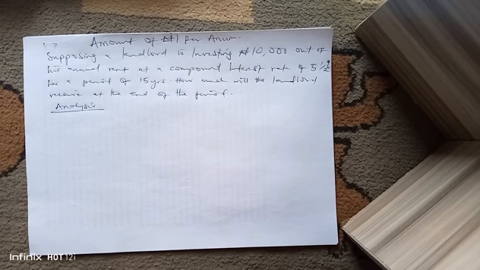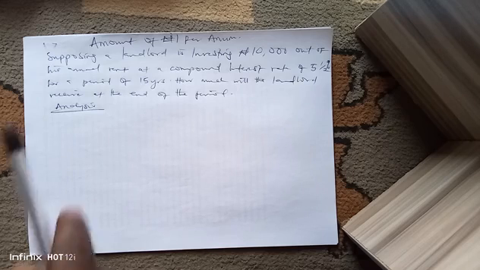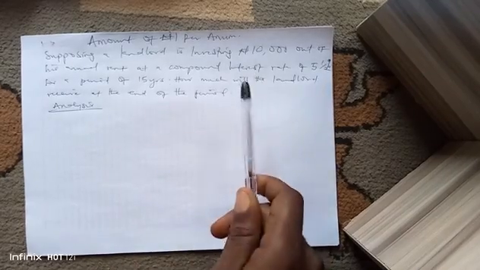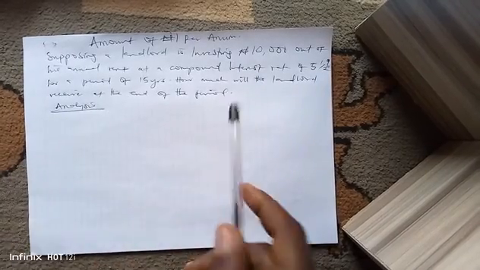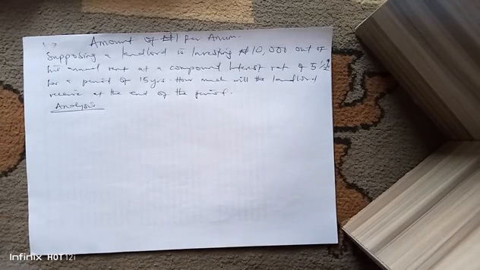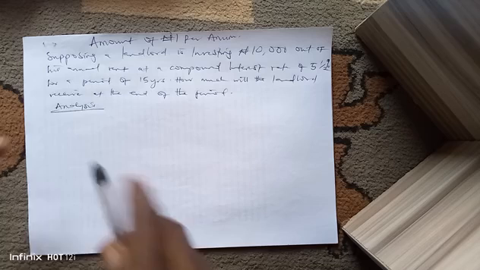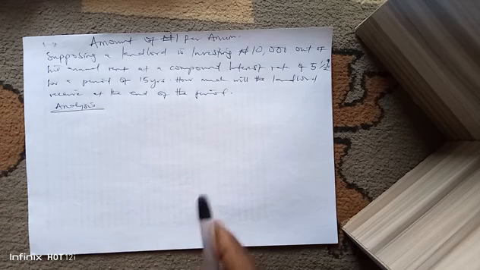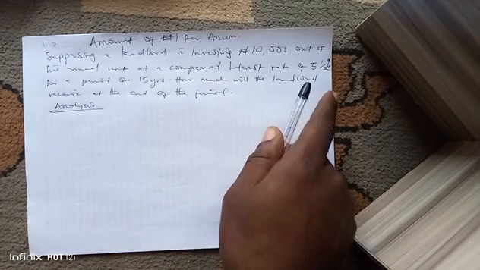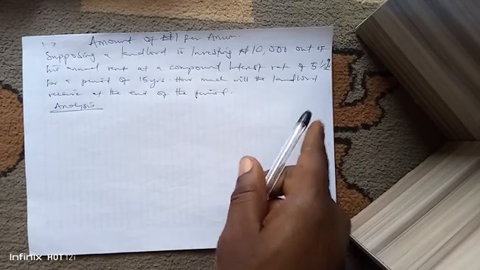Now in this question it says, supposing a landlord is investing 10,000 naira out of his annual rent at a compound interest rate of 5.5% for a period of 15 years, how much will the landlord receive at the end of the period? Maybe his annual rent is 200,000, we don't care, but he's removing 10,000 naira out of his rent every year at an interest rate of 5.5%.